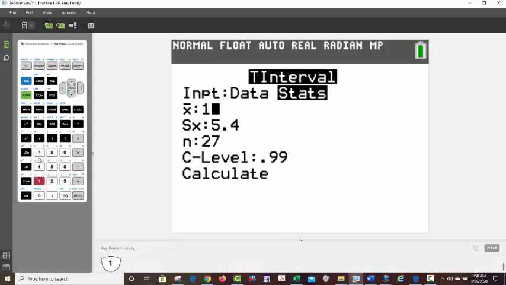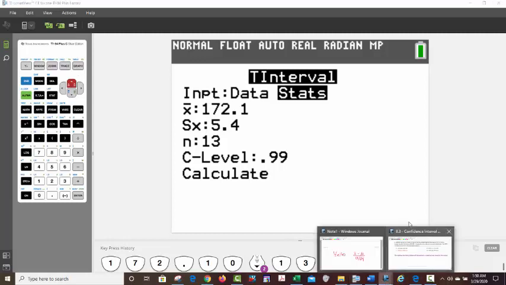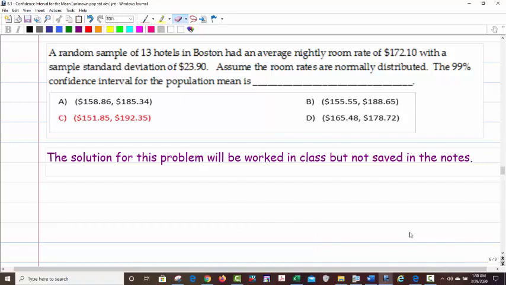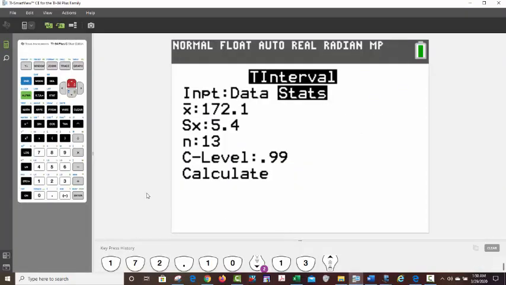The mean is 172.10, and n is 13. Now I have to go back and get the standard deviation, because I don't remember. 23.90. It still has the same confidence level of 99 that we used before, so I don't have to change that one.